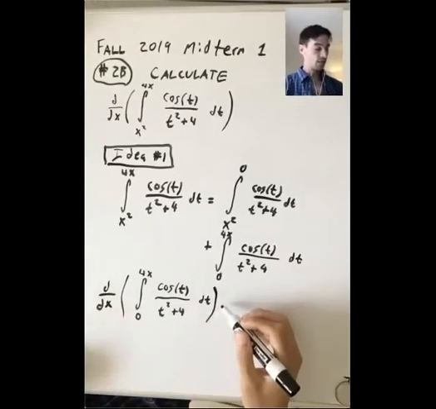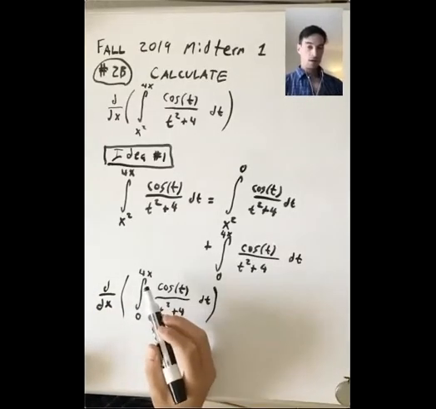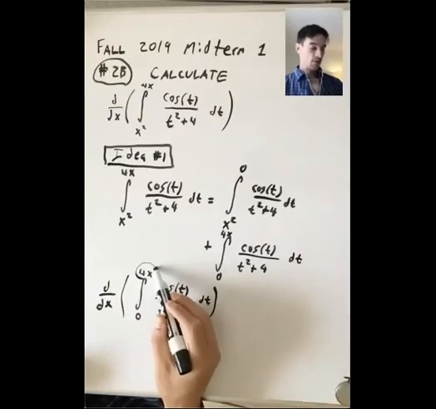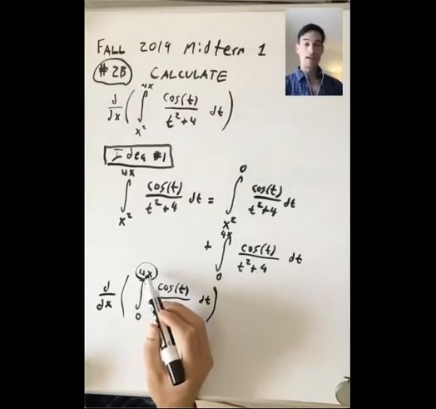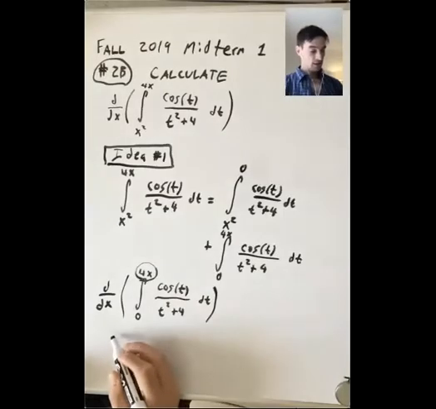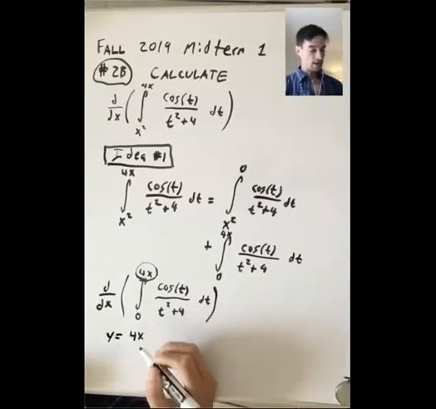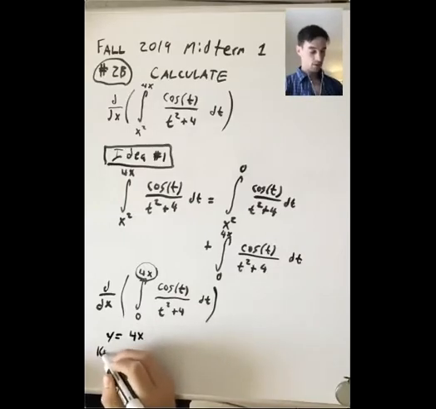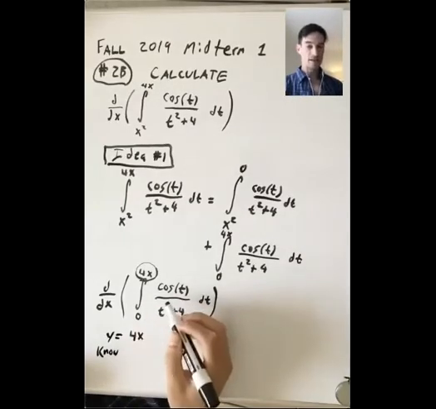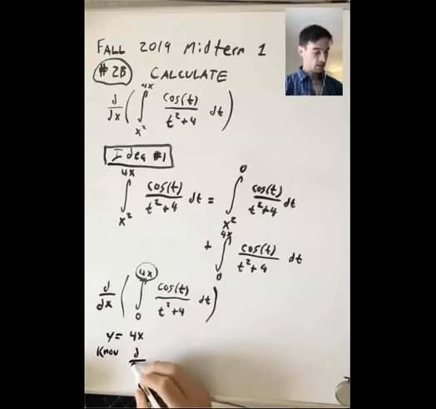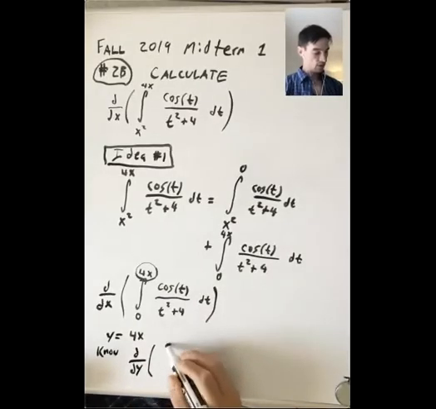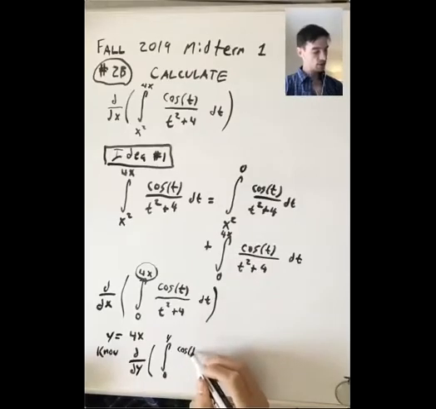Everything's fine here. What's tricky is that what we have in the top endpoint isn't x, it's 4x. So if we let y equal 4x, we know not d dx of this integral, but d dy of the integral from 0 to y of cosine t over t squared plus 4 dt.